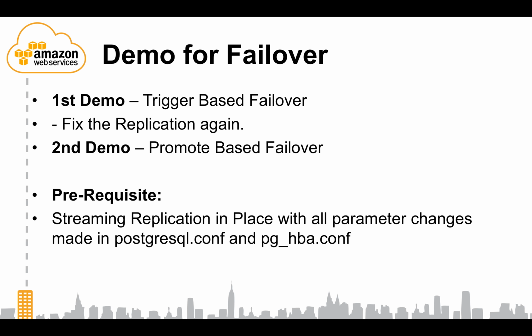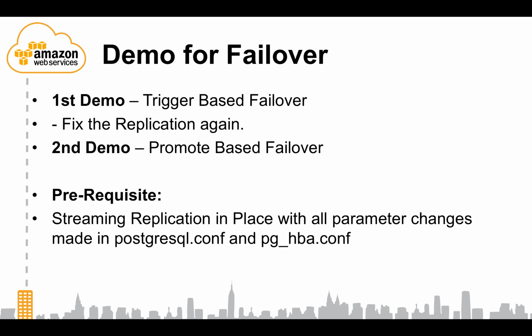Now let's have a quick demo of how we can achieve the failover. I have already set up streaming replication, and I have done all the changes. I'll just show you how a failover is done.